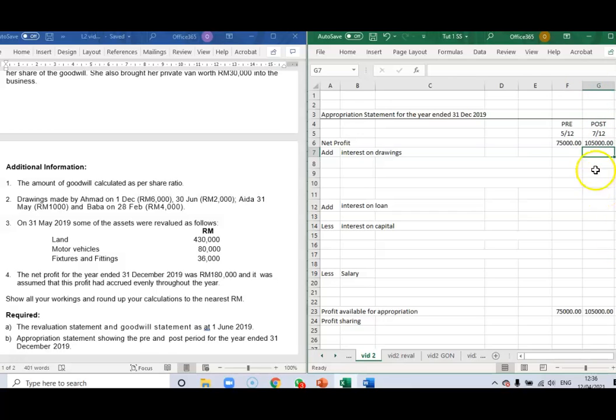Okay, then let's have a look at the interest on drawings. You have just now, okay, these are other drawings, Ida and Baba.